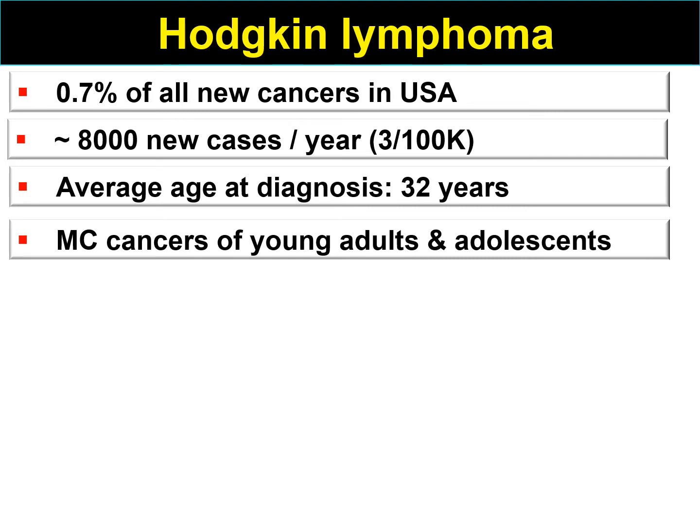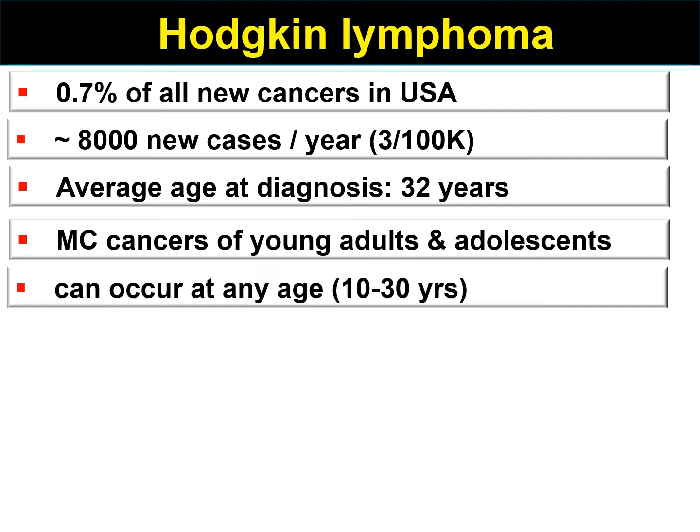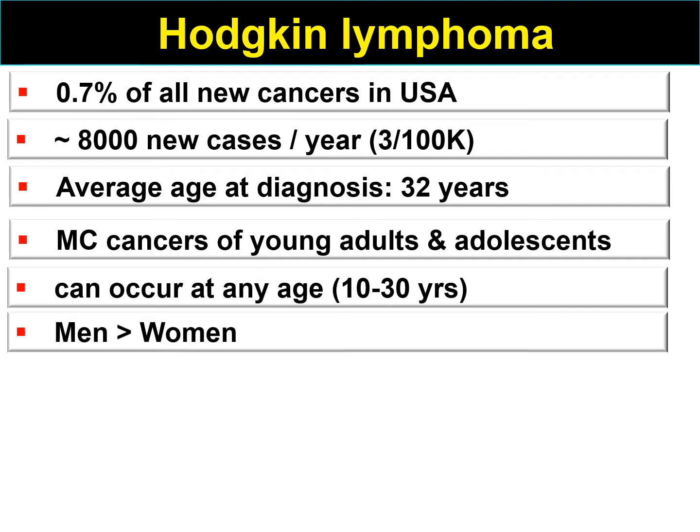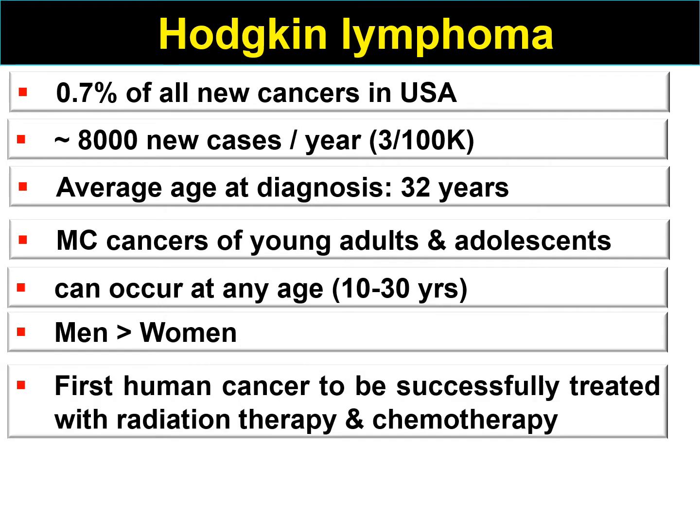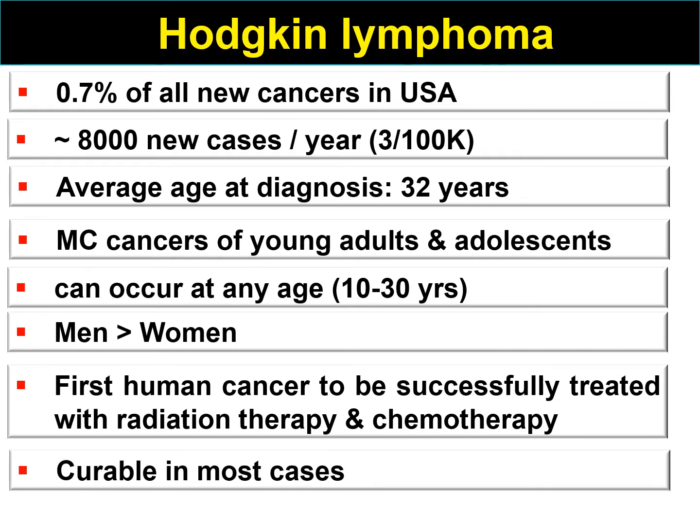It is the most common cancer of young adults and adolescents. It can occur at any age, usually between the ages of 10 to 30 years, and it is more common in men than in women. It was the first human cancer to be successfully treated with radiation therapy and chemotherapy. And if treated properly, it is curable in most cases.